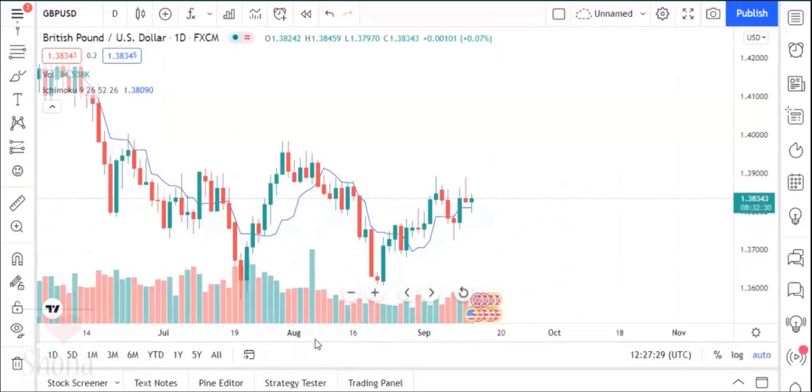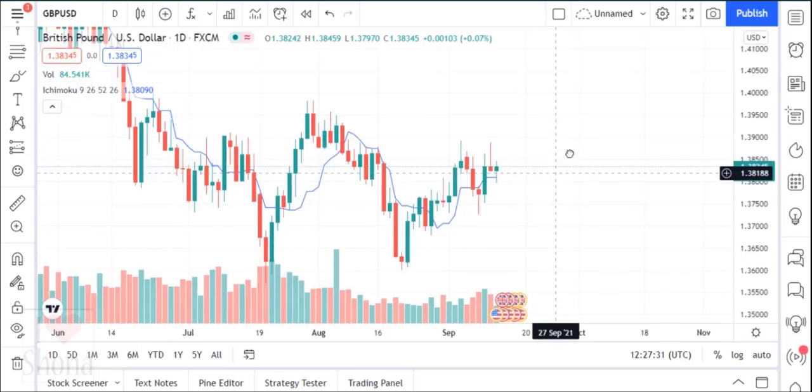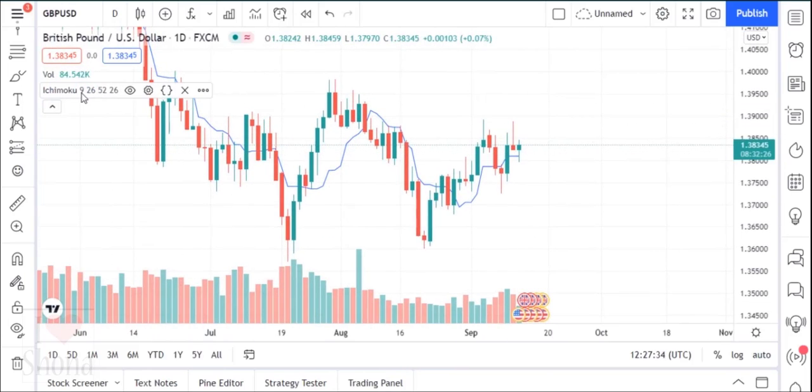But Tenkan-sen is using the data of just 1 or 2 candles. The highest high was in here and the lowest low was in here, so it is just using 2 candles. But if you have a big candle, it may happen that the highest high and the lowest low are in 1 candle, so it is actually using just 1 candle.